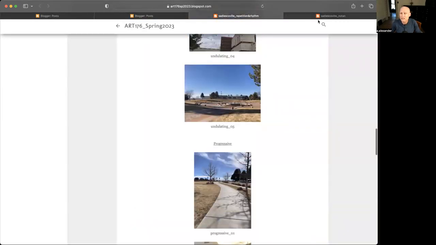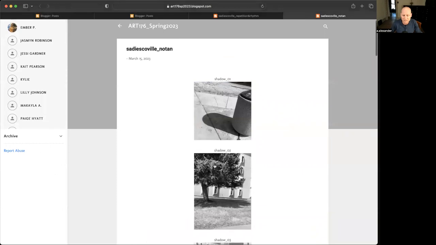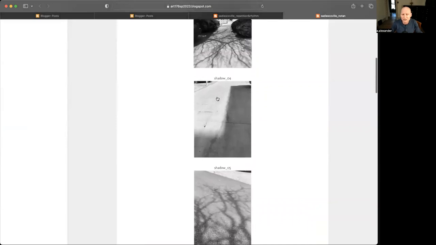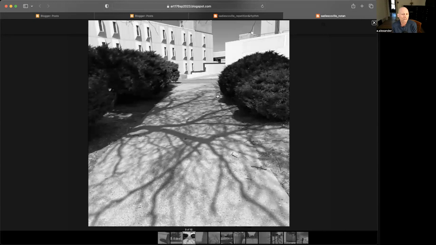So let's take a look at the notan and see what we have here. So we have these shadows. And really, as we discuss these, we're going from general to specific in terms of using composition.